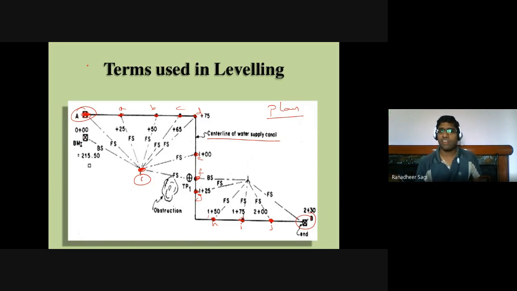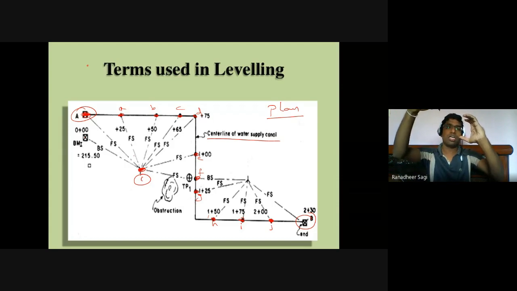In determining the elevations of all those points I have marked from the starting point till the end, I can start placing the leveling staff at your starting point, and from the instrument station, I'll focus at the leveling staff placed at the starting point and take the reading.